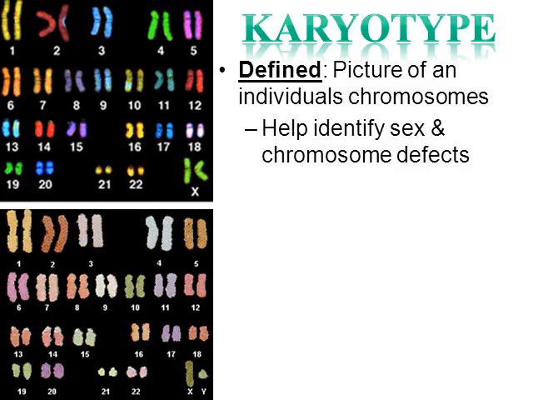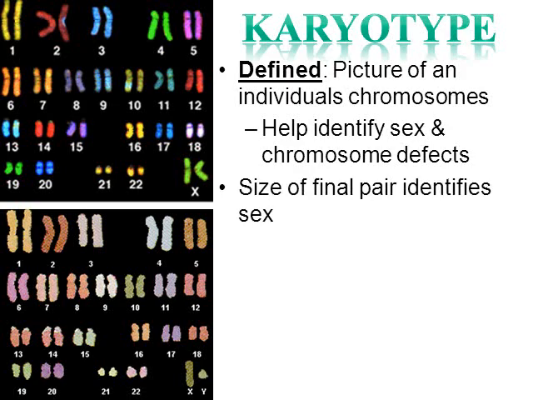There are other ways to figure out the gender of a person, but when you're trying to diagnose a possible chromosome disorder, it helps to have a picture of a person's chromosomes.